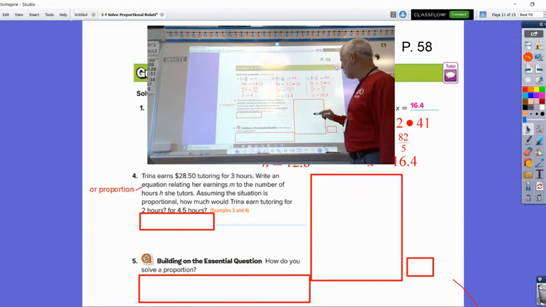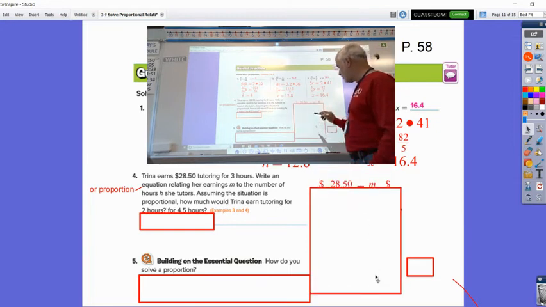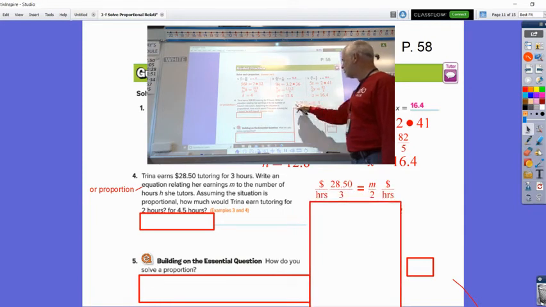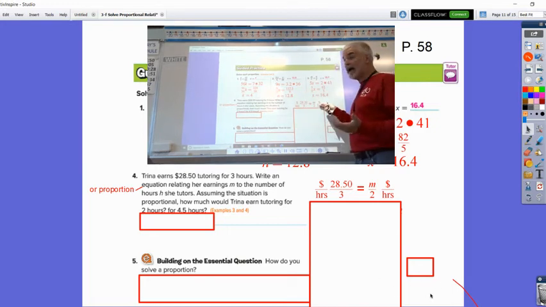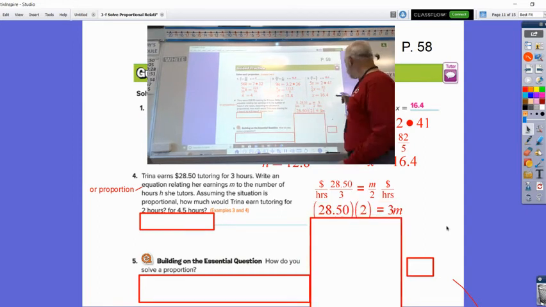First, we set up our proportion. The proportion is money over hours equals money over hours. You could do it the other way around, hours over money, as long as both sides match. This side is the one we know, $28.50 for 3 hours. So how much money for 2 hours? Cross multiply.